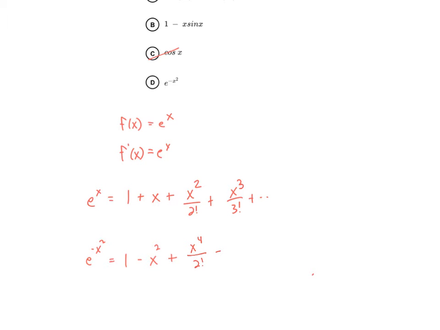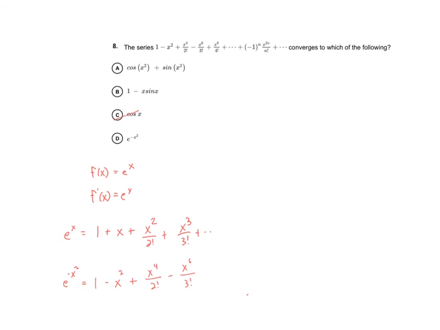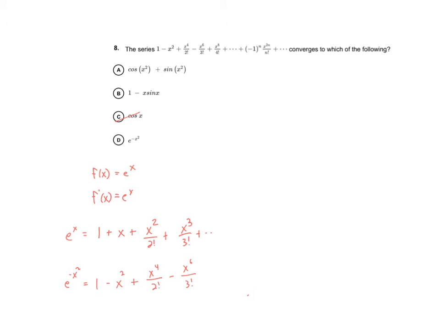And then plugging in negative x squared, we'll get x to the 6th over 3 factorial, and I think that's what it was. If we compare them, yeah, okay, so it's got to be D for sure.